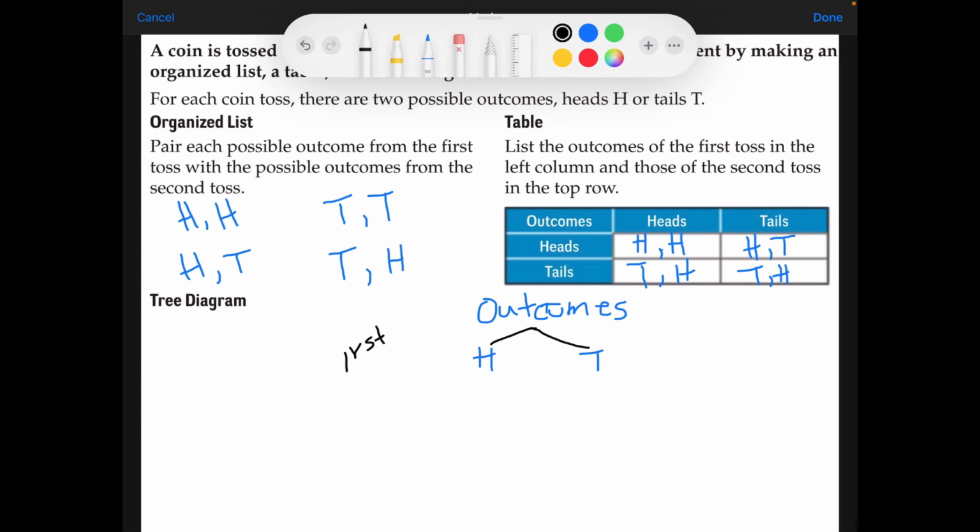Now, on my second toss, I could get a heads or I could get tails on that second attempt. The coin that had previously gotten a tails could now give me a heads or a tails.